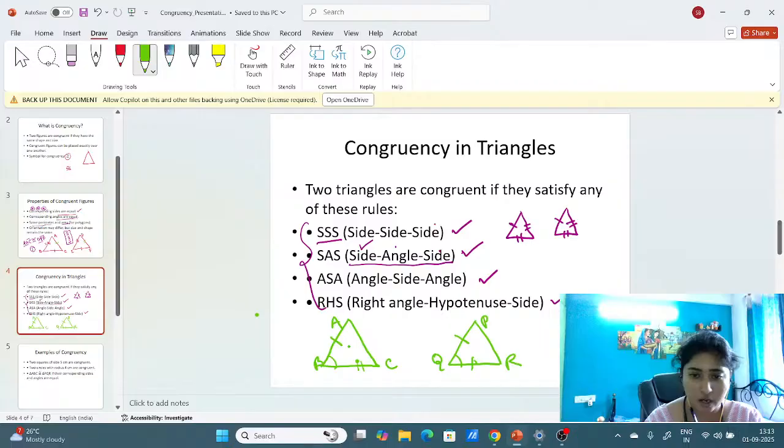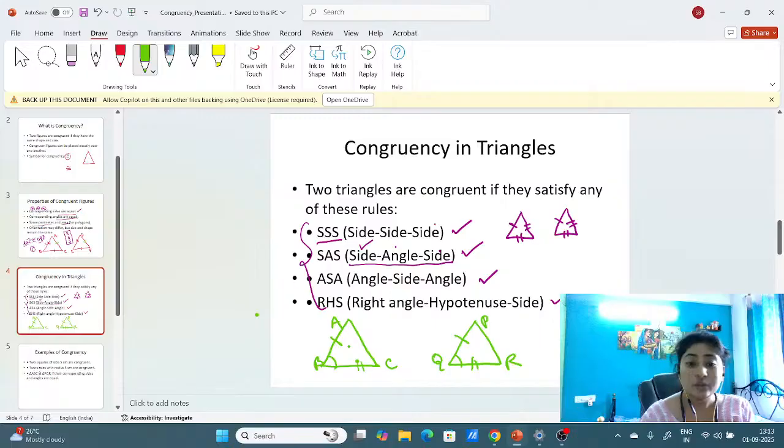Then can I say angle B and angle Q are included angles between these two sides AB, BC and PQ, QR respectively? Angle B is included between side AB and side BC, right? Similarly, angle Q is included between side PQ and side QR, right?